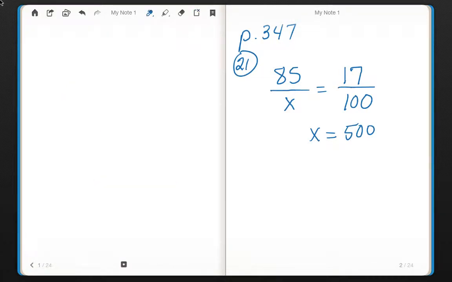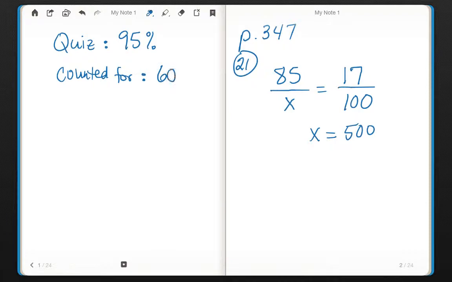Let's say I gave you a quiz back, okay? And your quiz score was, let's say you made a 95%. Okay, you did awesome. And you knew that the quiz counted for, and I'm making this one up, we'll say it counted for 60 points of your skills grade. Okay?